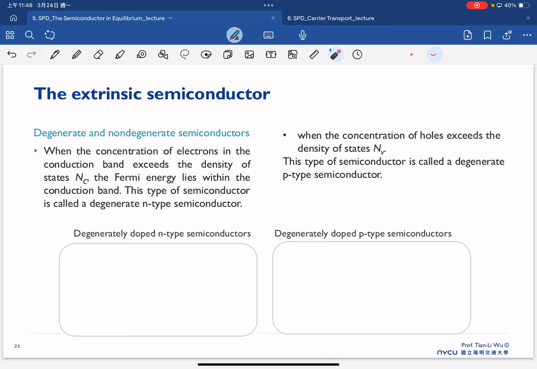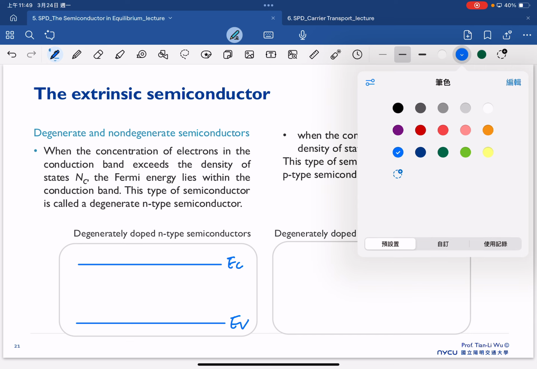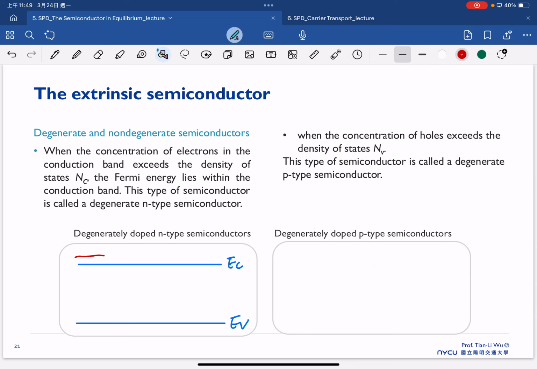In this case, the band diagram will be drawn as here: we have EC, we have EV, but now our Fermi energy is above the EC here.